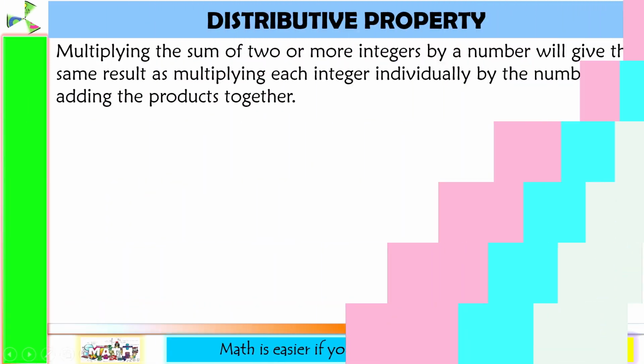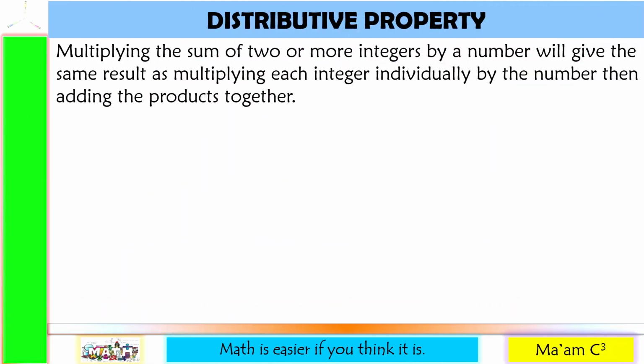The next one is distributive property. Multiplying the sum of two or more integers by a number will give the same result as multiplying each integer individually by the number then adding the products together. Let's have that in symbol.